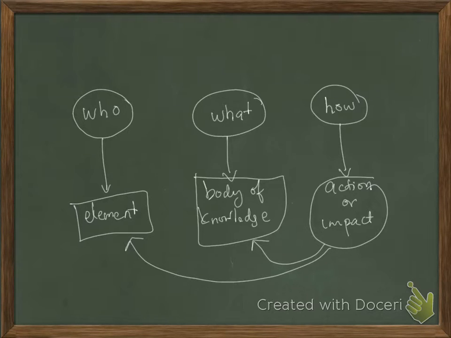Alright, and the rule of thumb, for instance, for a master degree, you must have at least one who, one what, and one how.